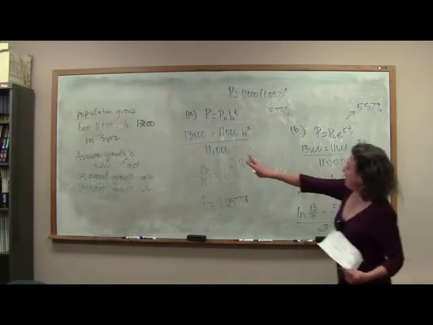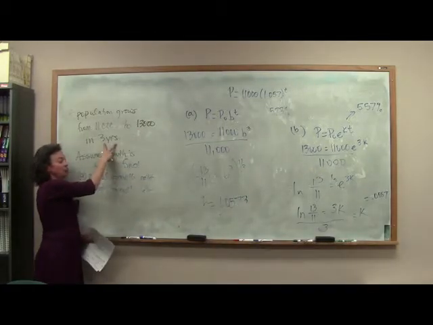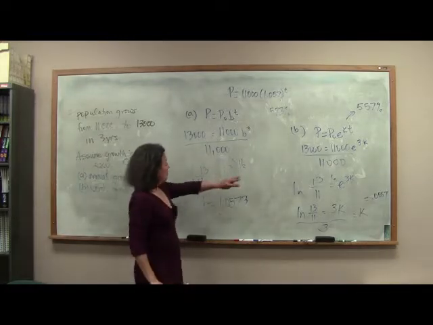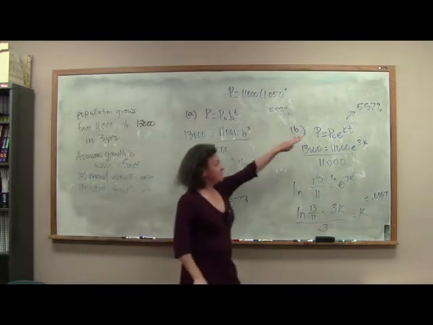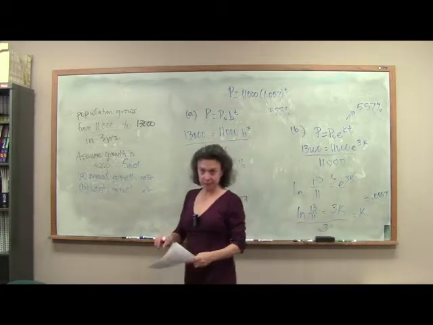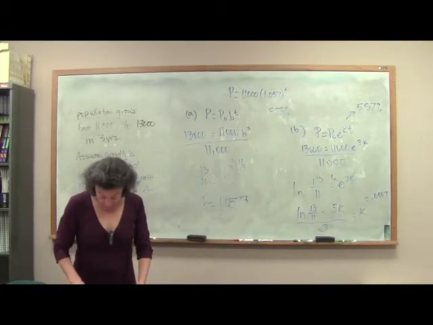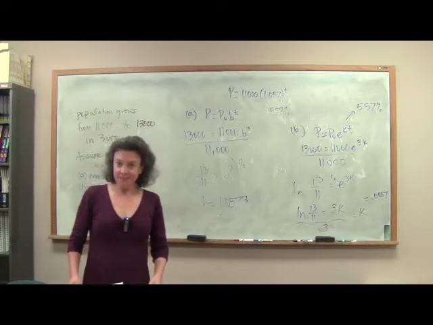Now notice, if my beginning and ending amount has got to be the same within the same period of time, my annual growth rate better be higher than my continuous growth rate because this is compounded more frequently. Okay? So, let us do one more example.